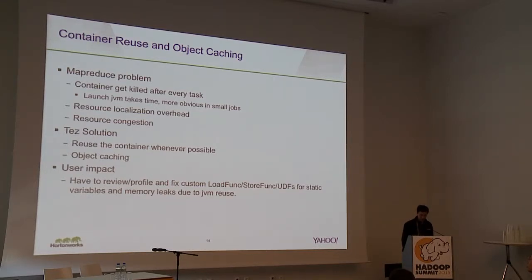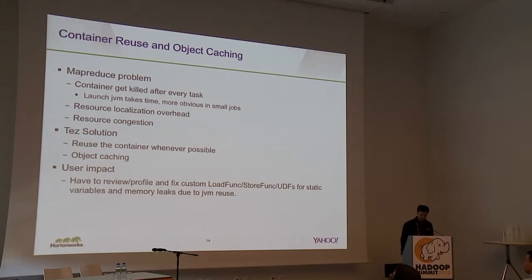In a congested cluster, requesting a new container means you have to wait in line and compete for resources with other jobs. And we also need to do that thousands of times. In Tez, we don't kill the container immediately after the task finishes. Instead, we try to reuse the container whenever possible.